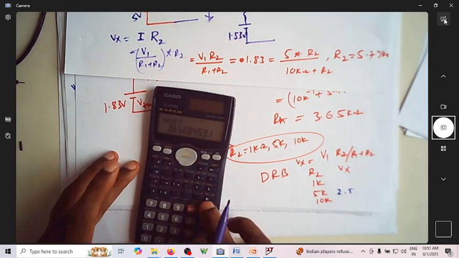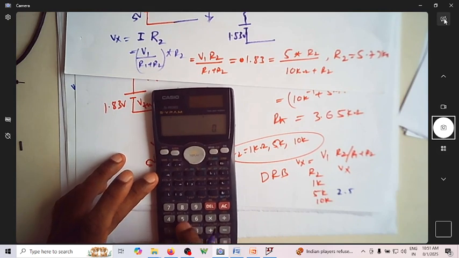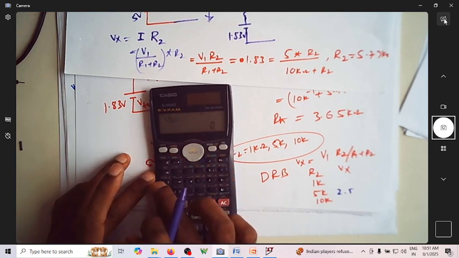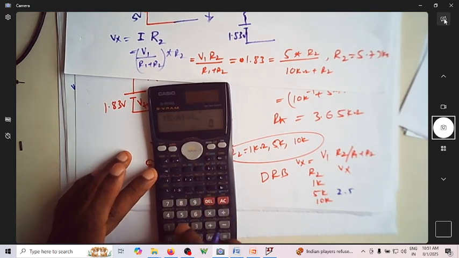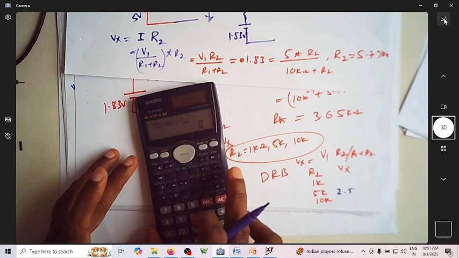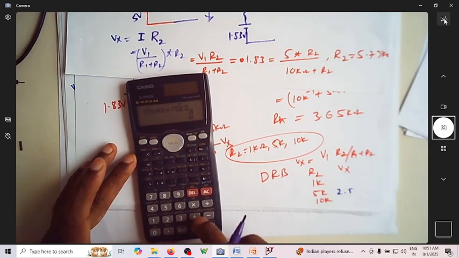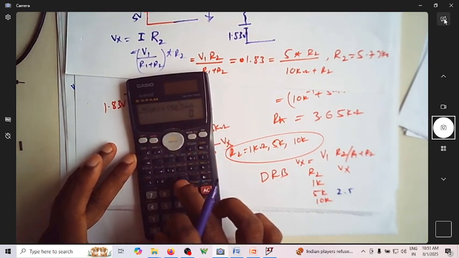When it is 1k, what I'll do is 5 times 1k, divided by, close the parenthesis, 5k plus 1k.